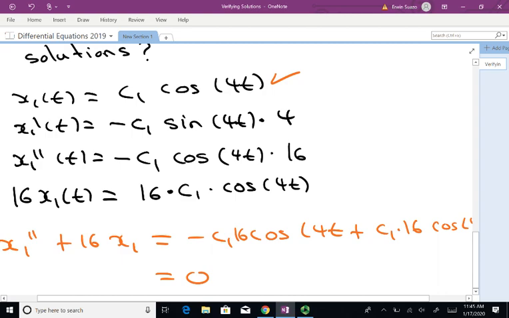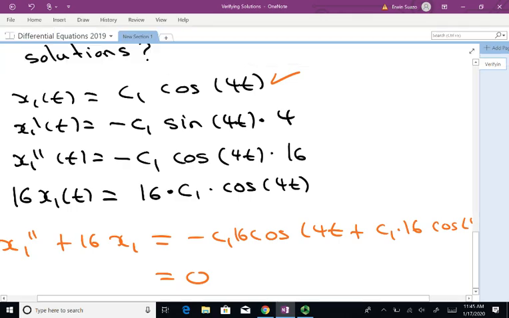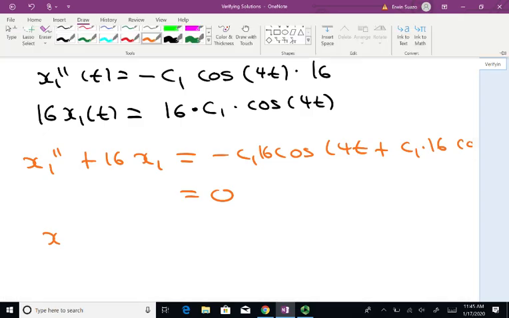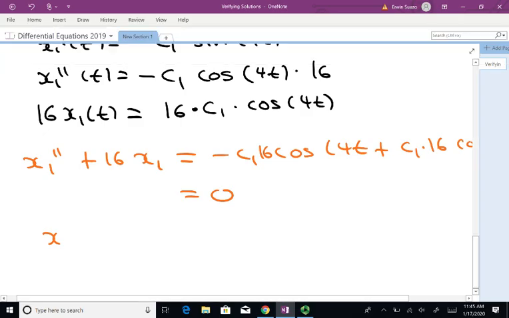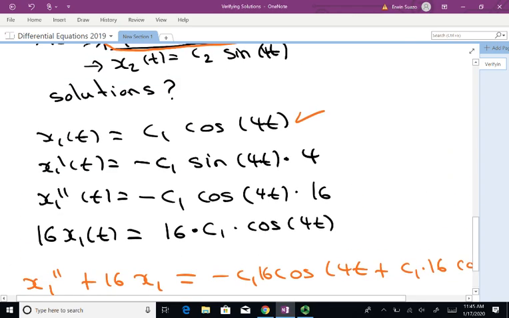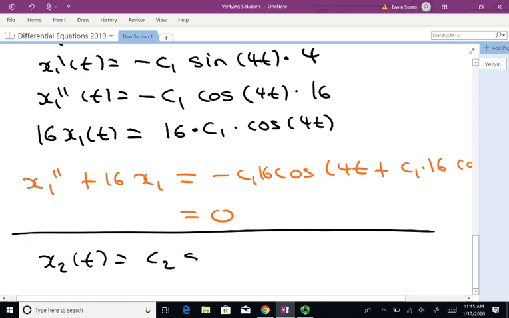Okay. So let's do the second one very fast. The second one is x2 of t, c2 sine, right? So the first one is cosine, the second one is sine. Sine 4t.